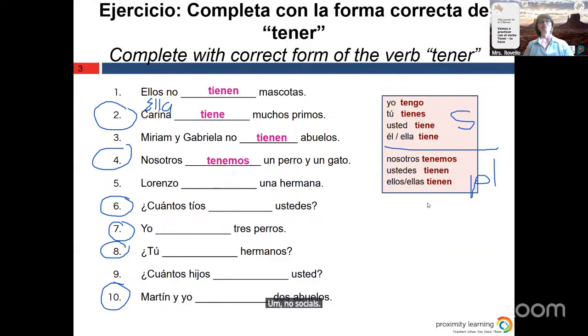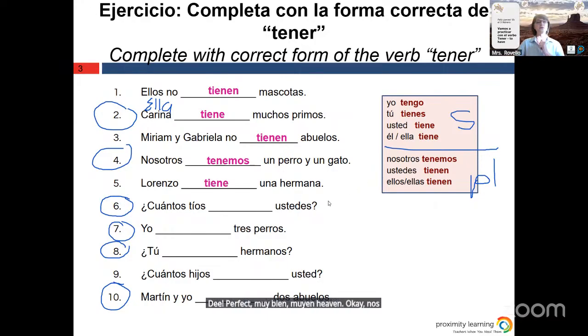Nosotros tenemos un perro, un gato. Sí, y un gato, muy bien. So what's it mean? What's it trying to tell us? We have, is it a dog? Sí. Dog and a cat. Perfect. Muy bien, Heaven.